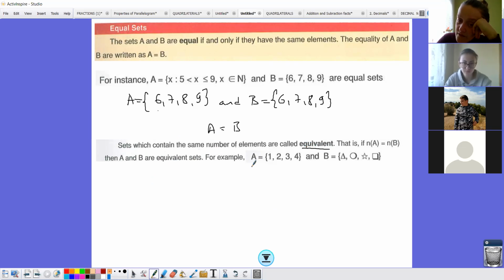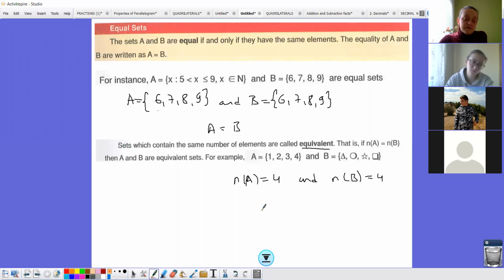For example, here, A is given as 1, 2, 3, 4, and B is given with some shapes. But n(A) is 4, and n(B) is 4. So they are equivalent sets.